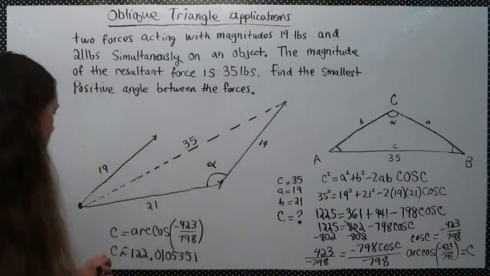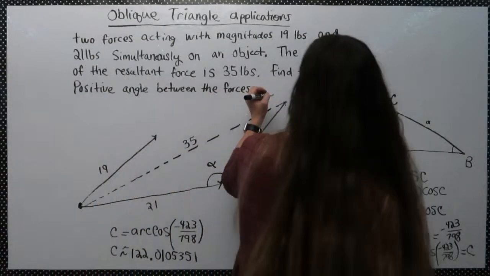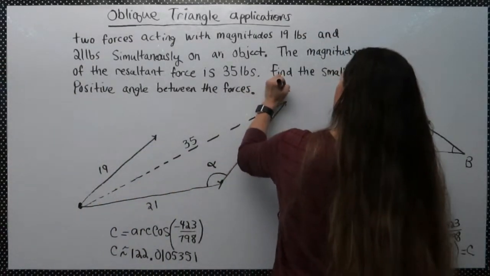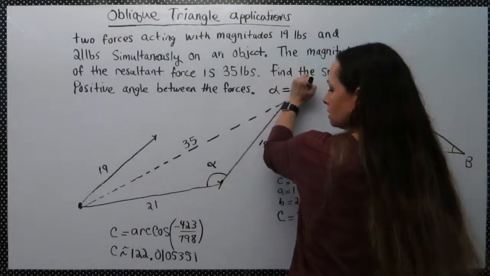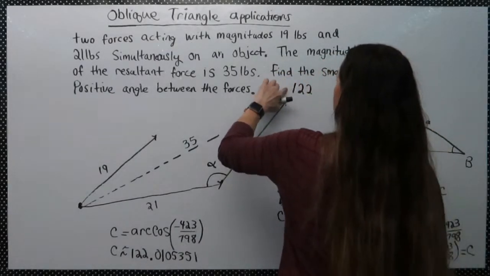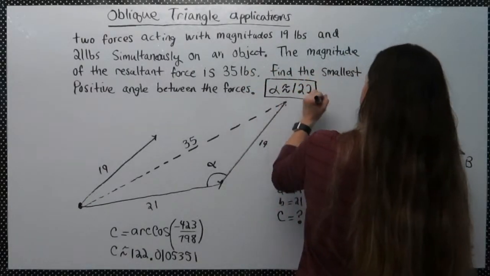And so we would just say that the angle alpha is approximately 122 degrees. All right, there you go.